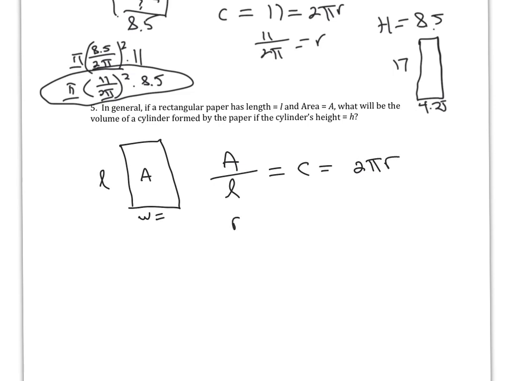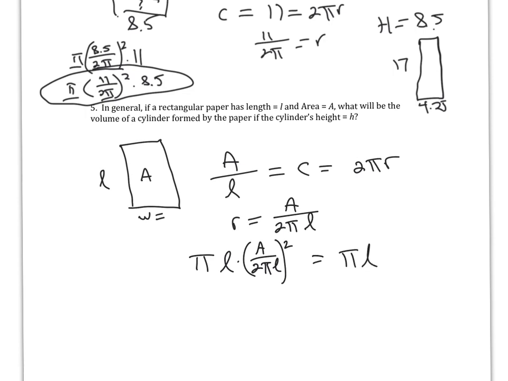That means that the radius is going to be A over L divided by 2 pi, which is the same as A over 2 pi L, and the height of this thing is going to be equal to L. We're going to have pi times height times r squared, so pi times L times A over 2 pi L squared, which would be equal to pi times L times A squared over 4 pi squared L squared.